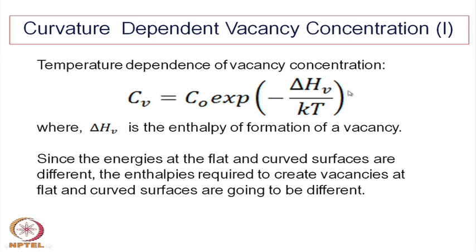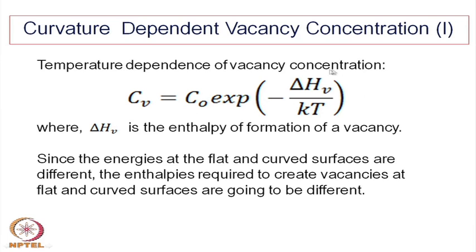This is just a temperature dependence of any vacancy concentration. That we discussed earlier when we were talking about point defects, the creation of point defects, either the vacancies, interstitials, Frenkel defects, or the Schottky defects, right. So, for creation of any such defect, we need an activation energy, and here this is the enthalpy.